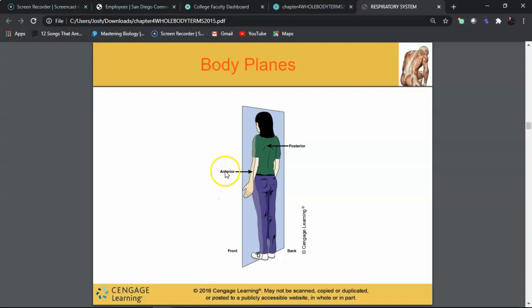Ventral is synonymous with anterior, meaning front. Dorsal is synonymous with posterior, like a dorsal fin. If this were a dolphin or a whale, they would have a dorsal fin on the posterior side, or on the back side. Those are terms that aren't listed here, but they are definitely important to know as well.